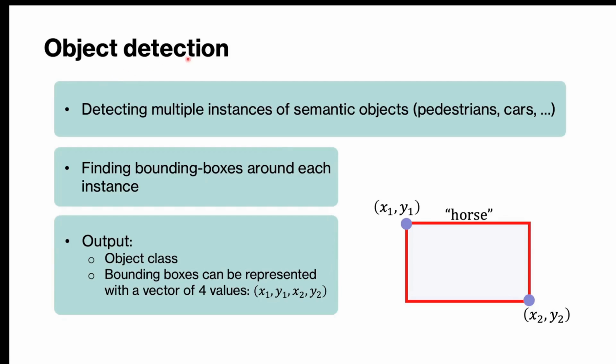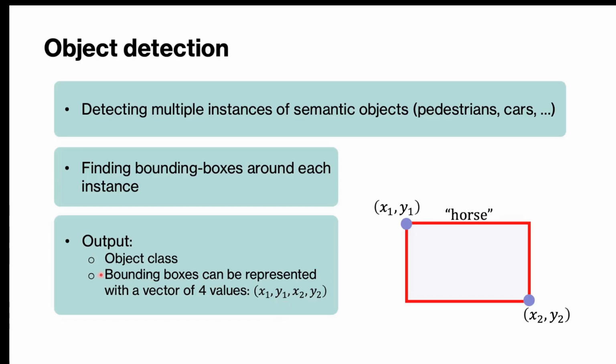The goal of object detection is to find the bounding boxes around each instance of semantic objects such as pedestrians, cars, etc. As output, we get a list of bounding boxes that can be represented with a vector of 4 values, x1, y1, x2, and y2. So this vector is for each bounding box.